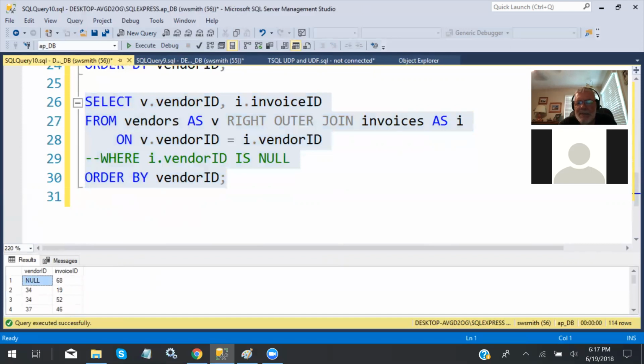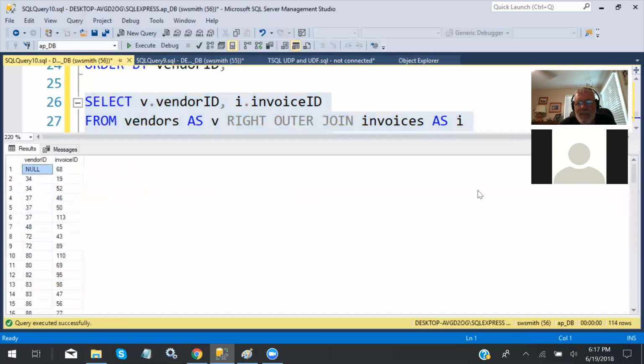I'm seeing everything from the invoice table. So notice what I have here. I have invoice ID number 68 that has no vendor ID. I think that's the only one I have in here. I put that one in here.